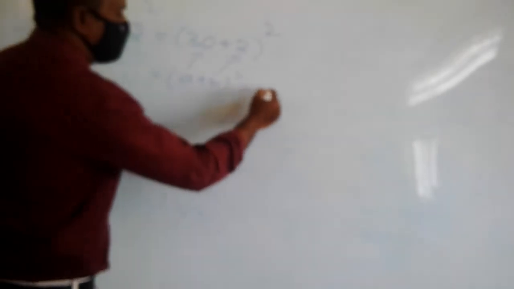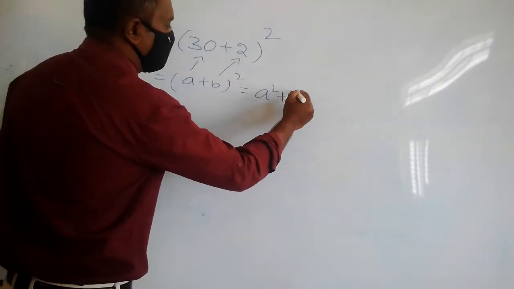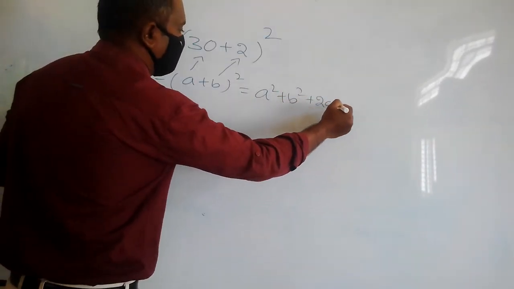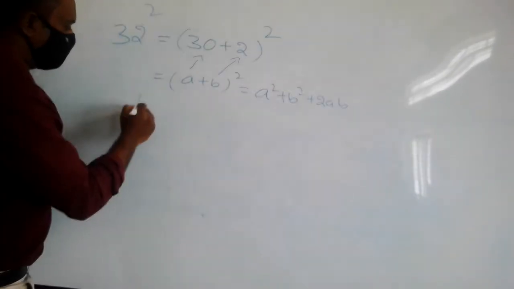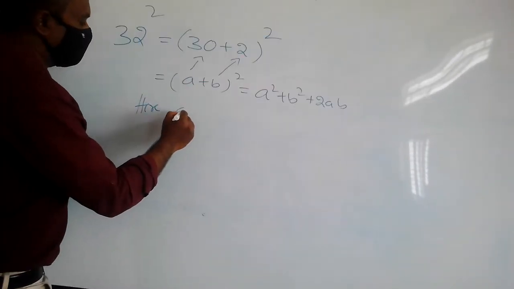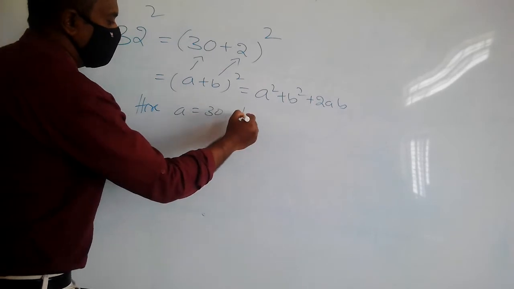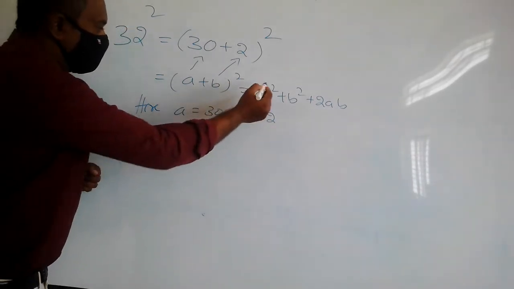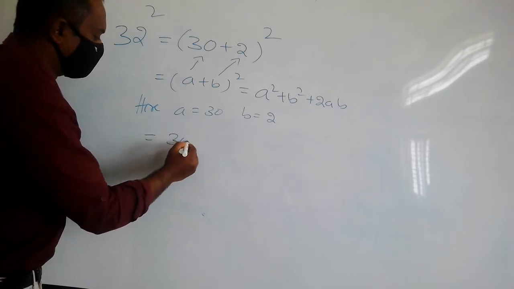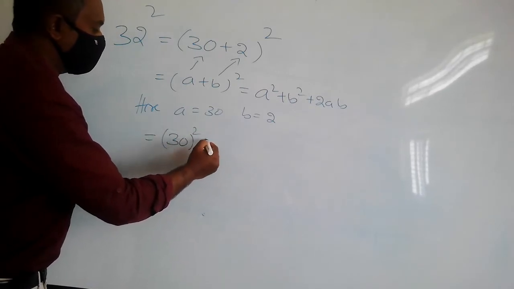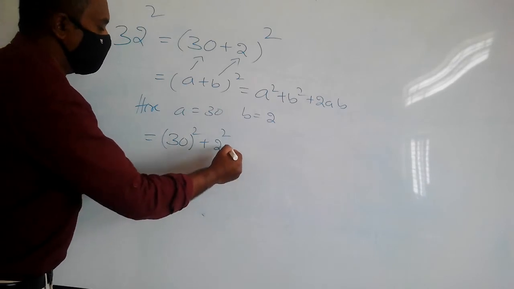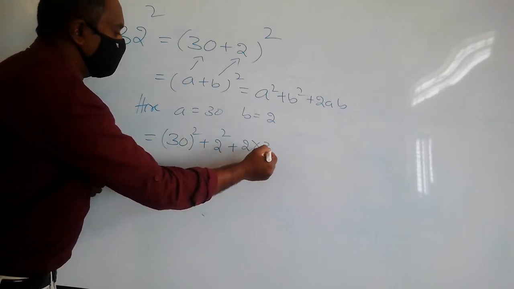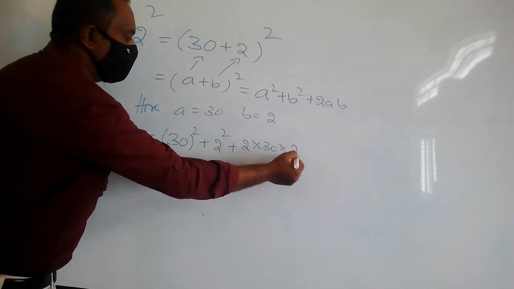Now write the equation a square plus b square plus 2ab. Here a equals 30, b equals 2. Now put the values: 30 square plus 2 square plus 2 into 30 into 2.